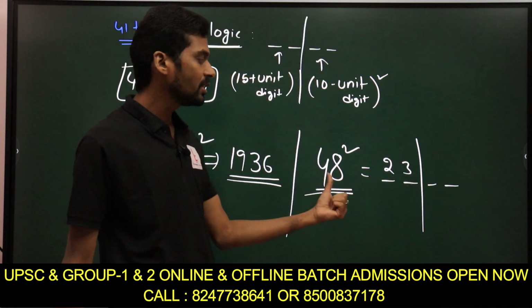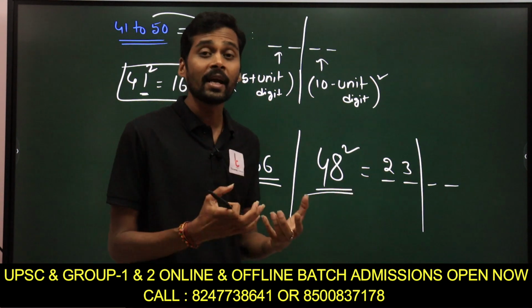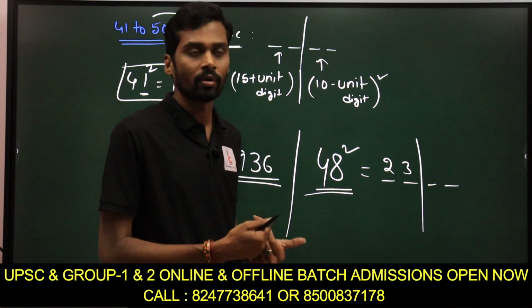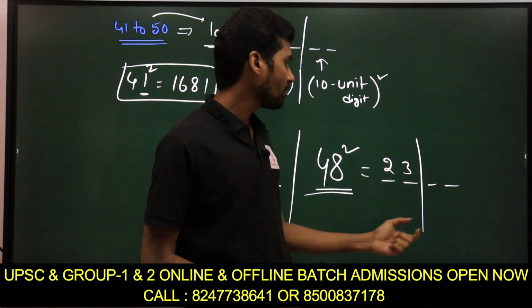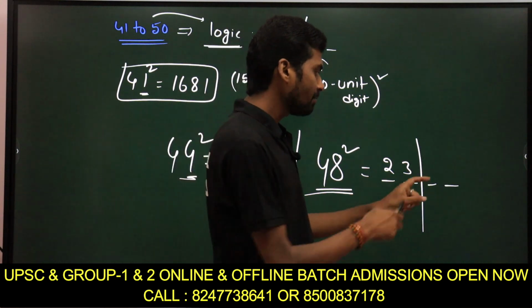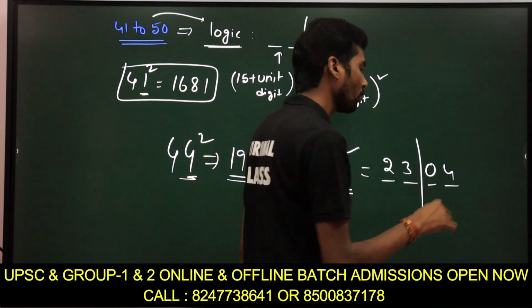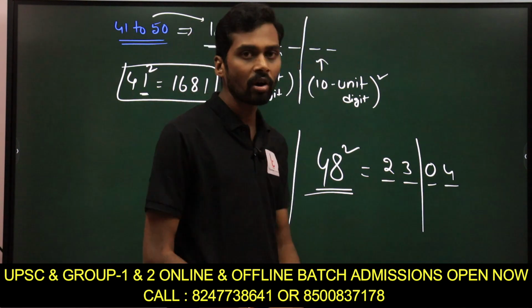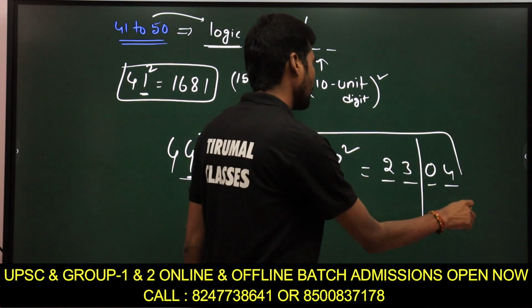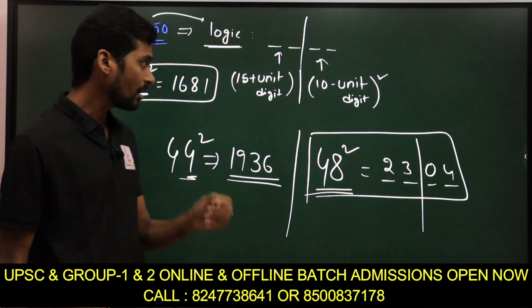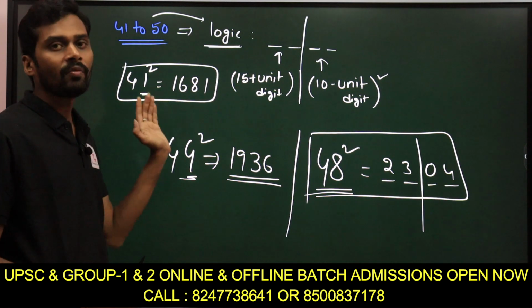Now 10 minus unit digit, whole square. 10 minus 8 is 2. 2 square is 4. But we should have a 2-digit number here, right? Even though the square is 4, we cannot simply write 4 only. Since we have 2 digits here, we should write it as 04. So the final answer is, 48 square is 2304. Likewise you can find out the square for any number from 41 to 50.